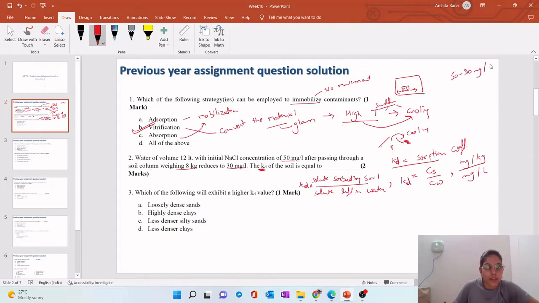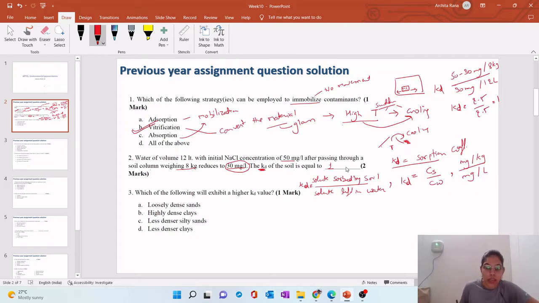And what is the mass of soil, which is 8 kg, divided by what is left in the water? So 30 mg is left in water, and how much water is there? There are 12 liters of water. And when we solve this for KD, we get 2.5 by 2.5, and the answer is 1.